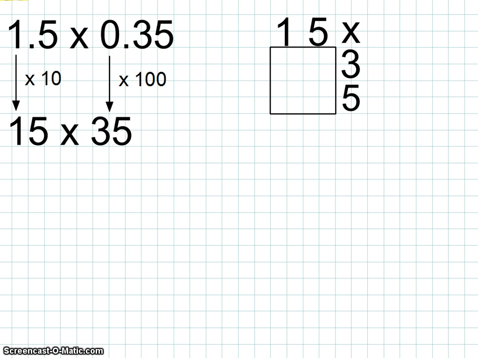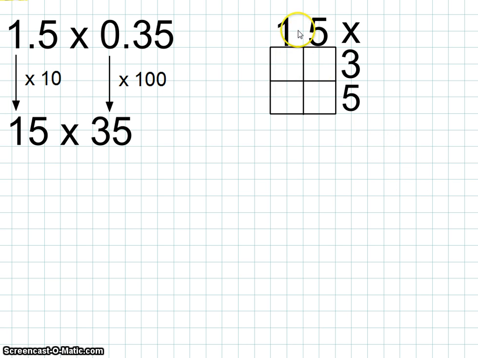But the next thing we're going to do is divide the square into 4 parts, into 4 equal parts like that.